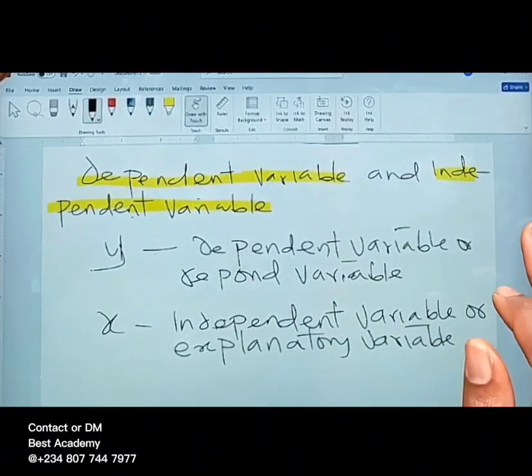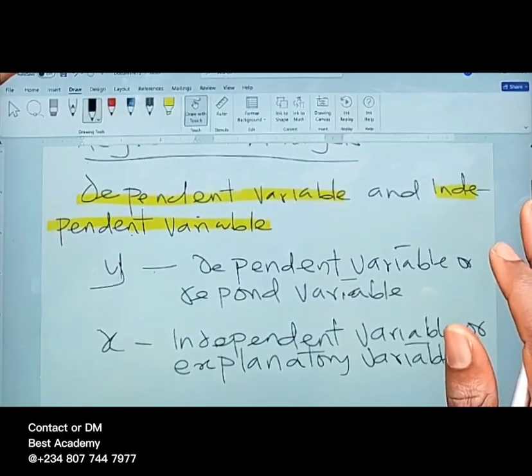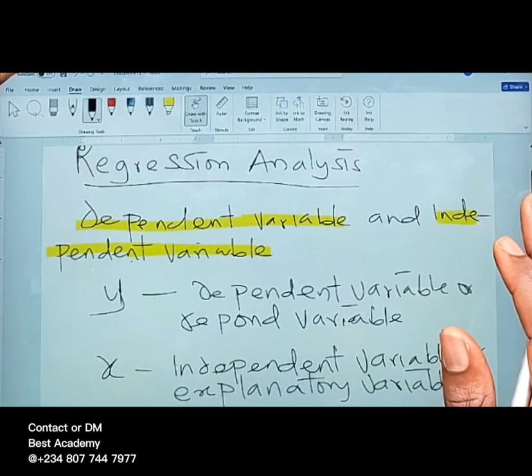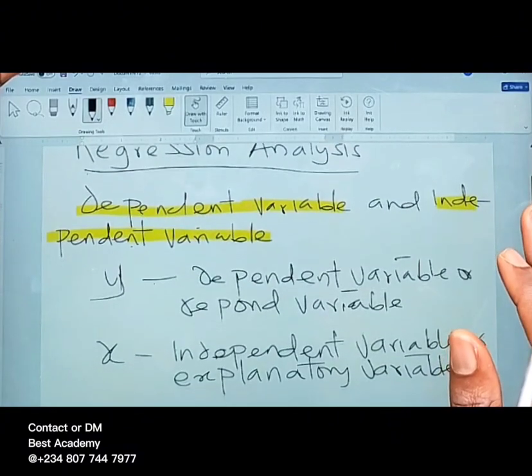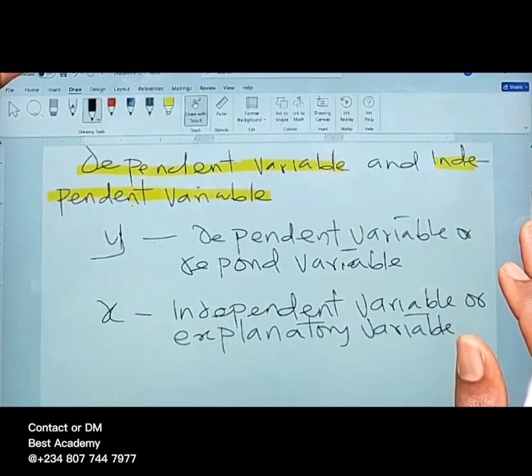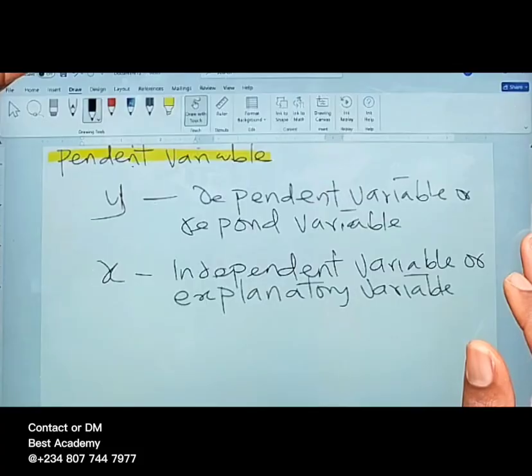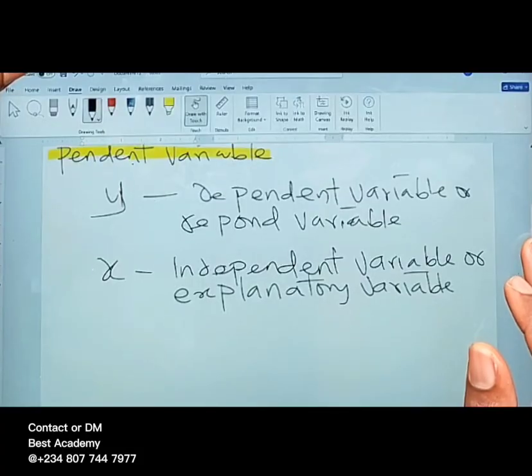Please take note of this. Okay, now we say that the letter that stands as dependent variable is y, or response variable, while independent variable or letter is x, or explanatory variable.